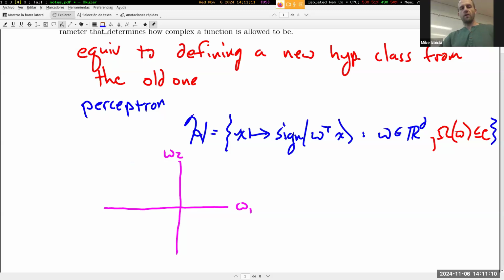But for the red version, with this additional constraint, we're going to be limited in where in this space our hypotheses are allowed to be drawn from. The most common function for this omega is called L2 regularization, and that's equivalent to drawing a circle in this hypothesis space with the radius equal to C. And now in this red version, all hypotheses must be inside of this circle.